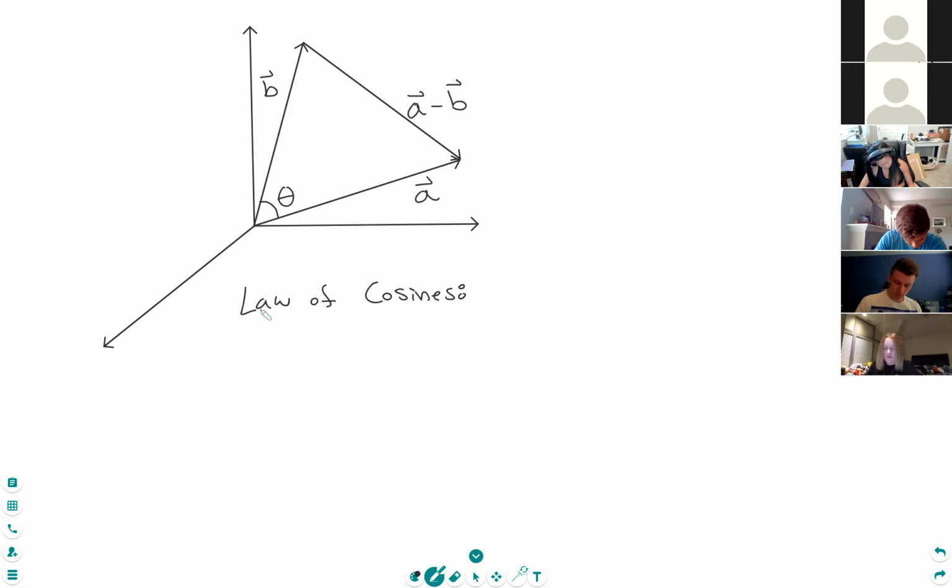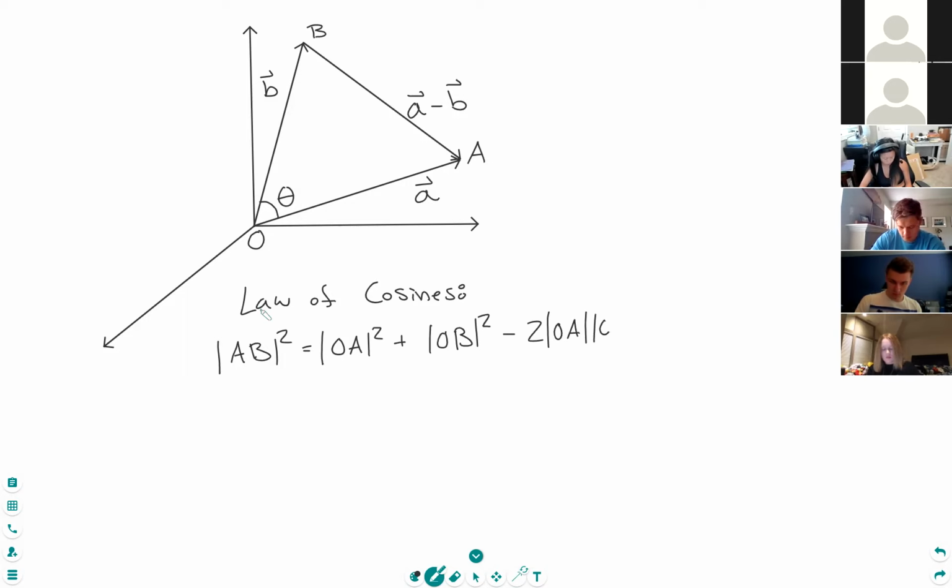So this is the origin, O, the point capital A, and the point capital B. Then we can say that the line segment from A to B squared is equal to the line segment from the origin to A squared plus the line segment from the origin to B squared minus 2 times the magnitude of the segment from the origin to A and the magnitude of the segment from the origin to B, cosine theta.